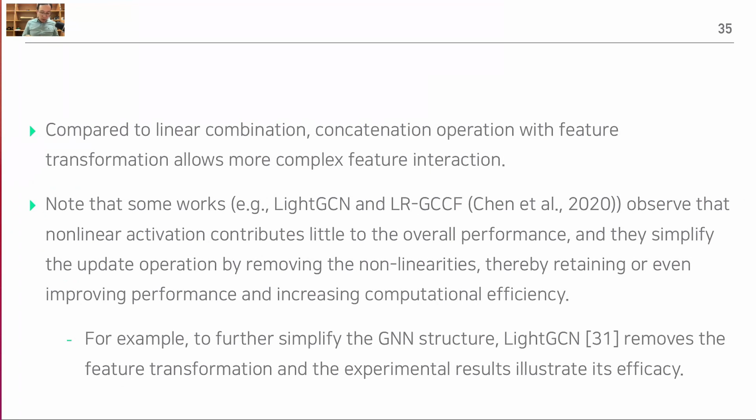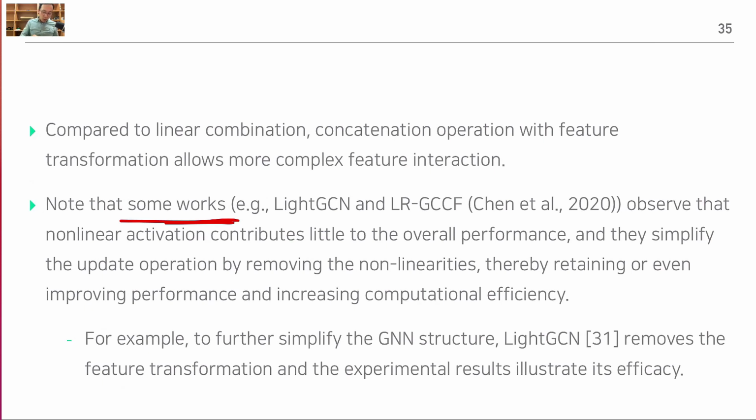And compared to the linear combination, the concatenation operation with feature transformation allows more complex feature interaction, but it's the simpler one, without the nonlinear activation, that contributed.